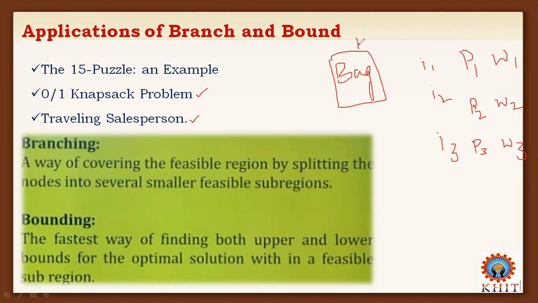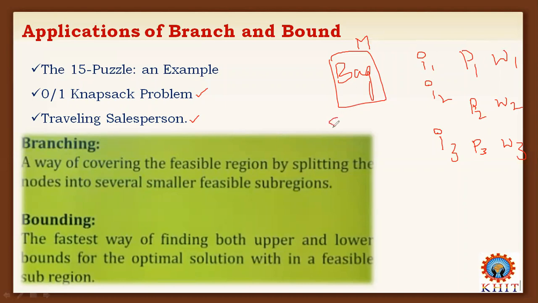The capacity of the knapsack is M. The main objective of the knapsack problem is that you can fill the knapsack with the available items, but finally you need to maximize the profit. You need to gain maximum profit.